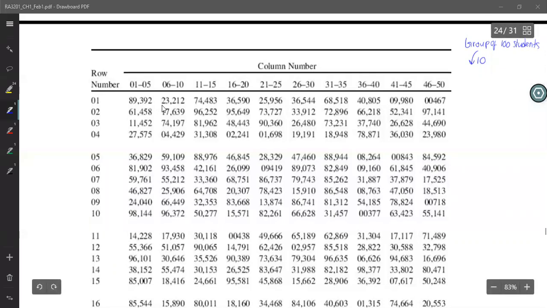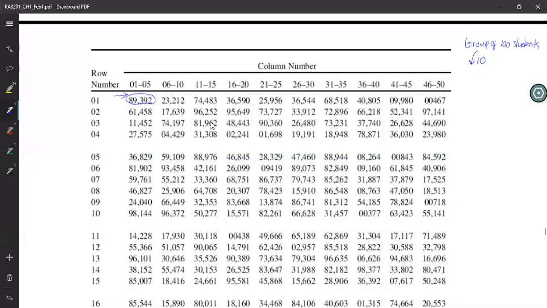Now, for example, if you want to pick random numbers of 3 digits, first you pick the starting point. To make it easy, I'll choose my starting point as this one. I need 3-digit numbers, and I'm going to continue selecting numbers horizontally, from left to right, starting from the first row.